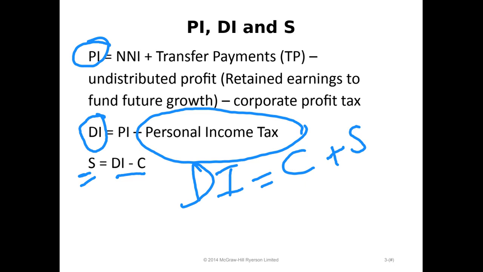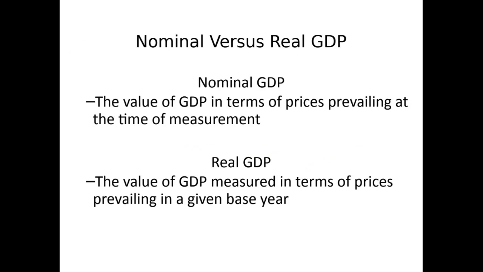Now there are two ways to calculate GDP. One is called nominal GDP, the other one is real GDP. When I tell you that you calculate GDP by adding all expenditures, you are valuing all those goods and services at market price, because I said GDP at market price.